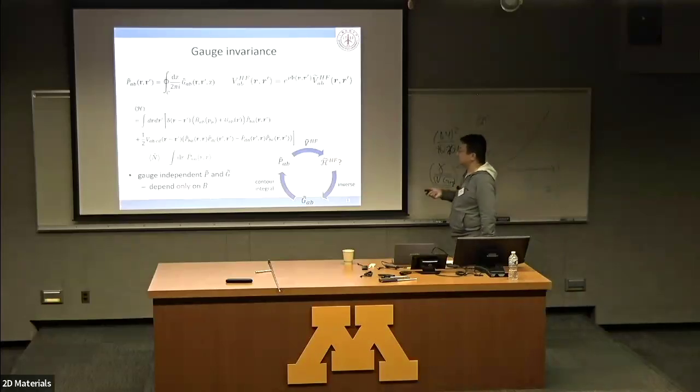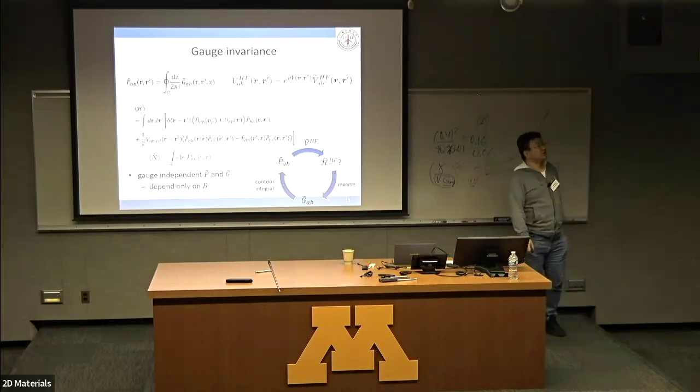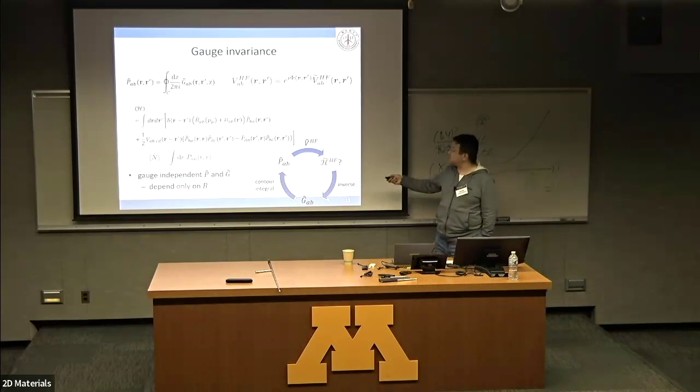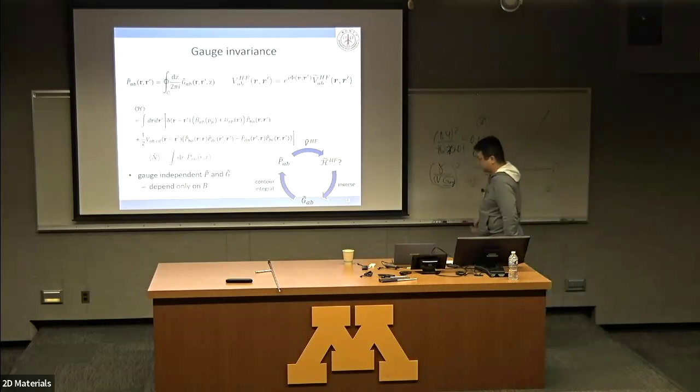So there is just one missing link: how to go from the gauge invariant Hartree-Fock potential to the gauge invariant Green function. In some sense, we need the gauge invariant Hartree-Fock Hamiltonian to finish this last link.